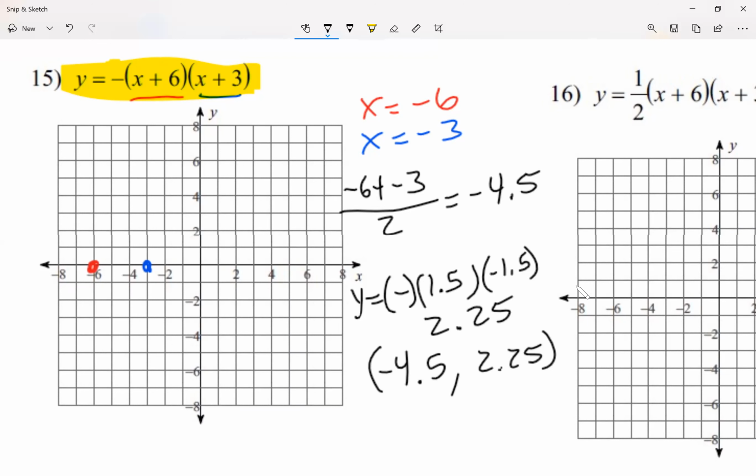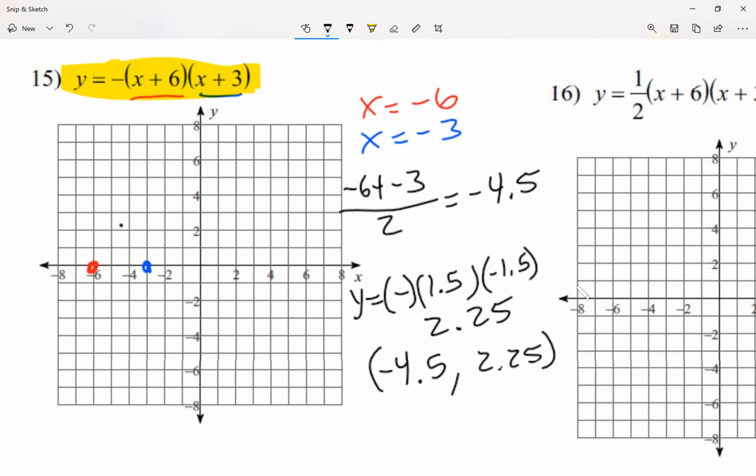-4.5, that's going to be right in between -4 and -5. My y value, 2.25, is going to be slightly higher than 2. So I'm going to say it's about here. Notice how for the x value I went between -4 and -5.